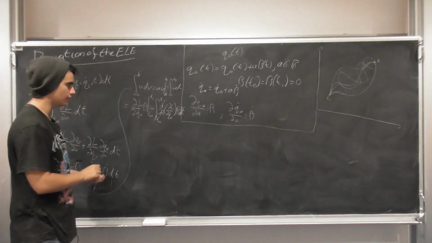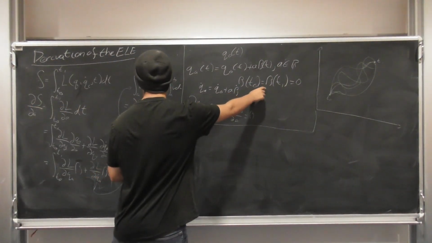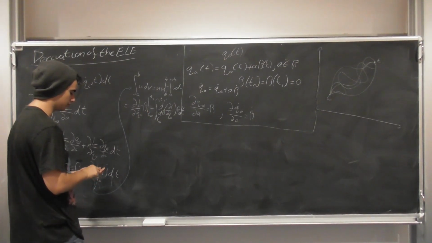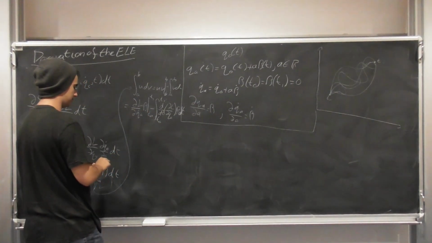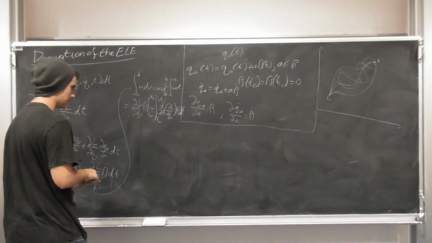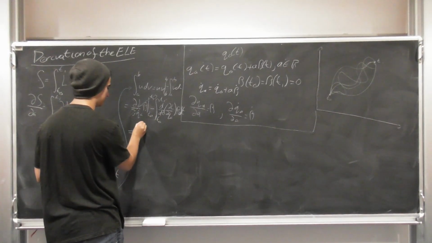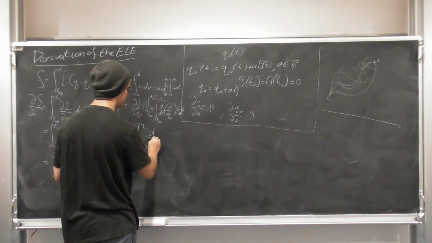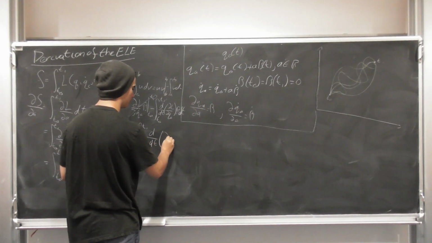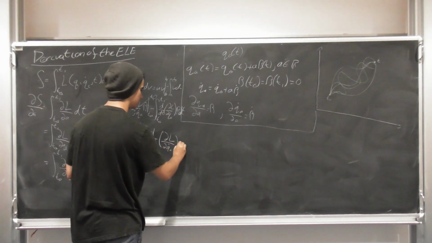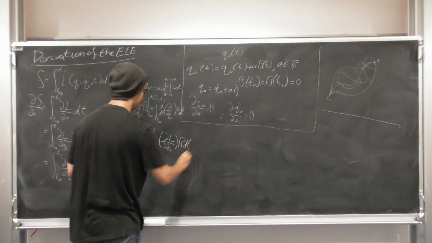Now we know from our boundary conditions that this beta, when evaluated at t0 and t1, goes to 0. So this entire term goes to 0, and we're left with the integral from t0 to t1 of d/dt of the partial of L with respect to q̇_a times beta dt.